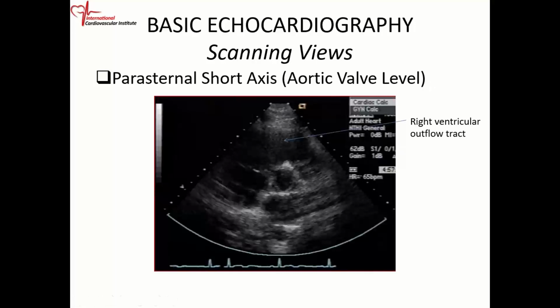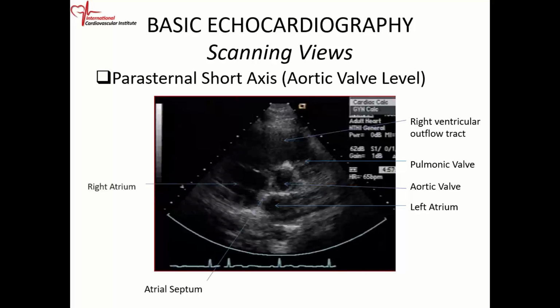Again, the right ventricular outflow tract is right there. Pulmonic valve is right there. That's your aortic valve opened. That's the left atrium. Atrial septum. That's your right atrium, and the tricuspid valve. In this view, you can see this is the septal leaflet of the tricuspid valve, and the anterior leaflet is over here.